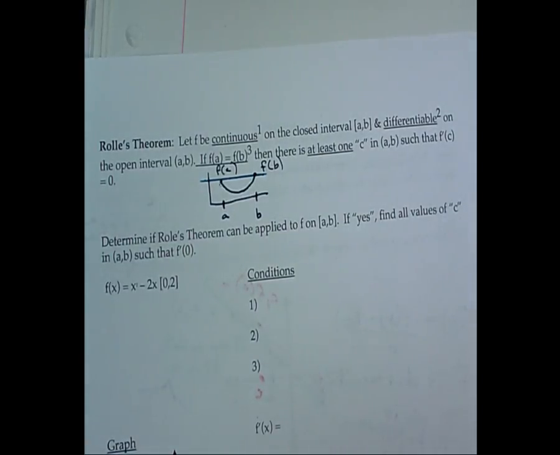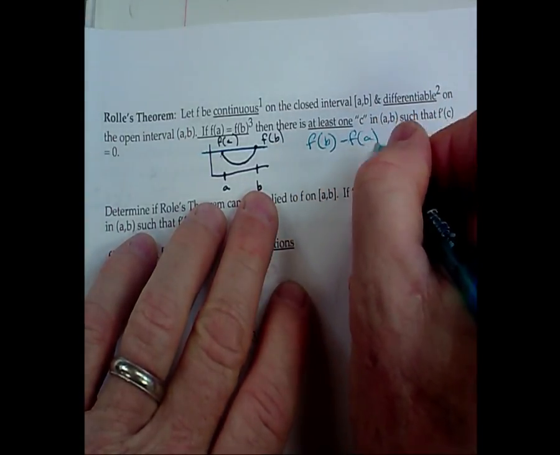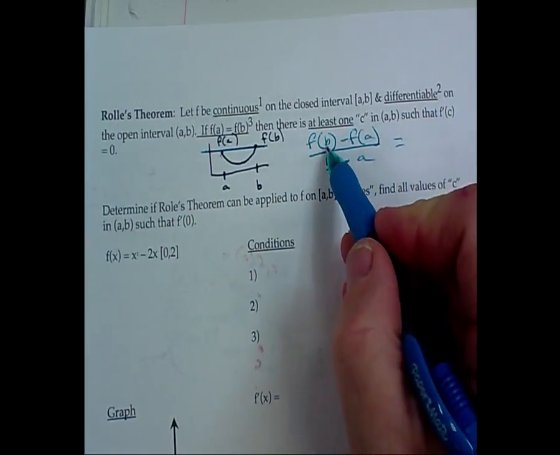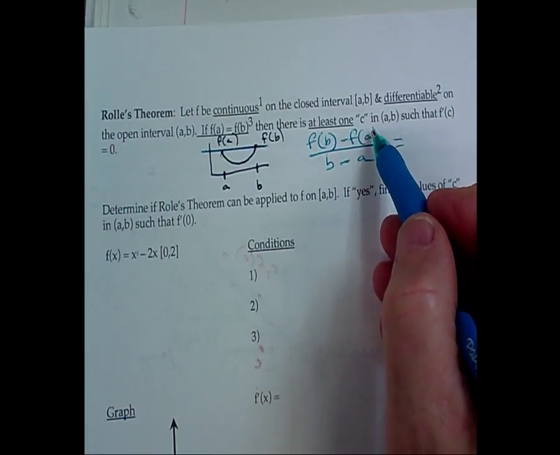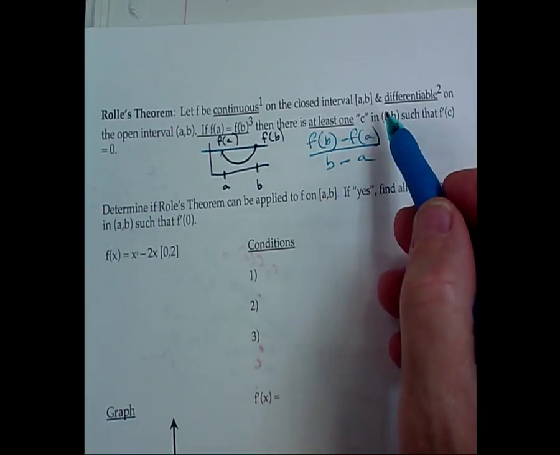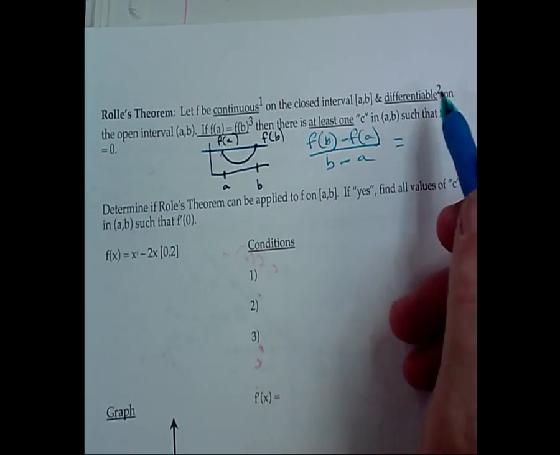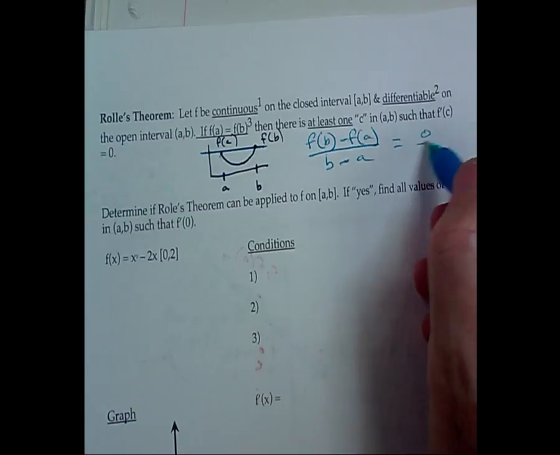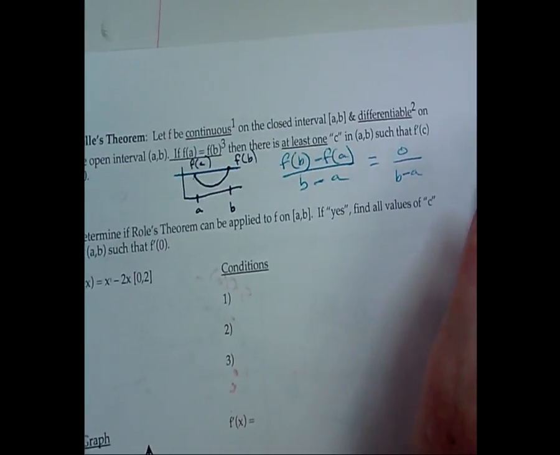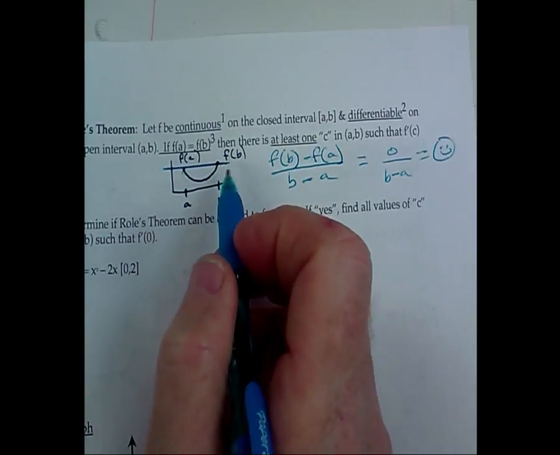That secant line is f of B minus f of A over B minus A. But f of B and f of A are the same y. So they could be 4 minus 4. They could be 7 minus 7. They could be a negative 20 minus a negative 20. What do you get? 0 over B minus A. What is 0 divided by B minus A? 0. It's a horizontal line, correct?